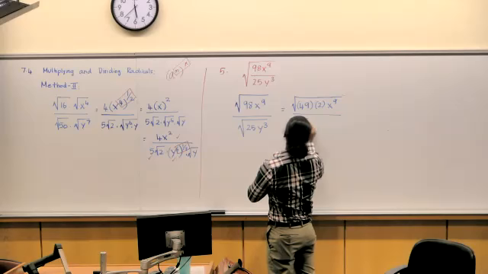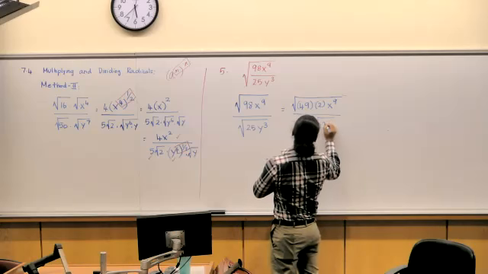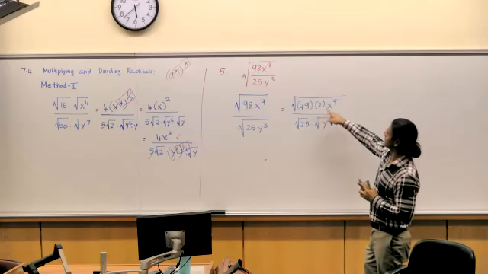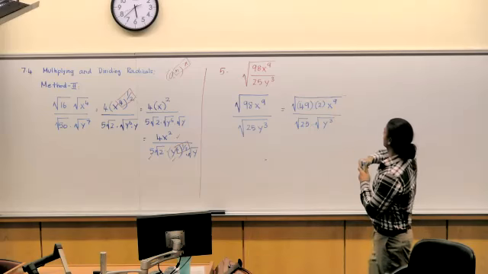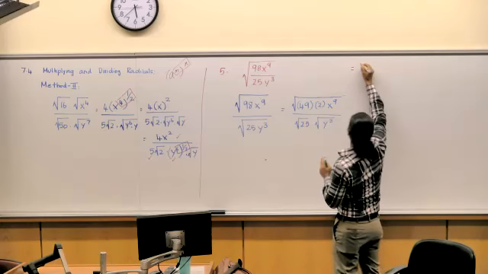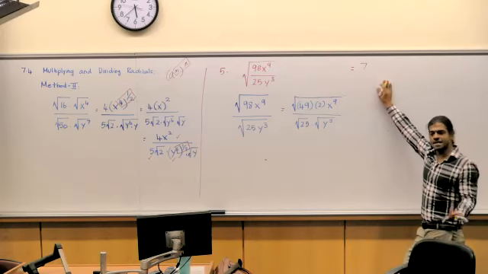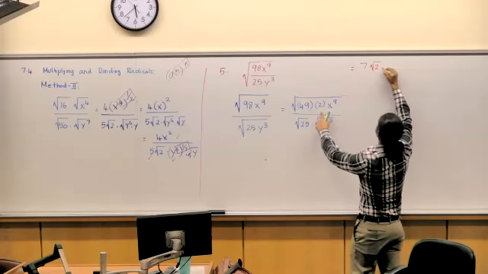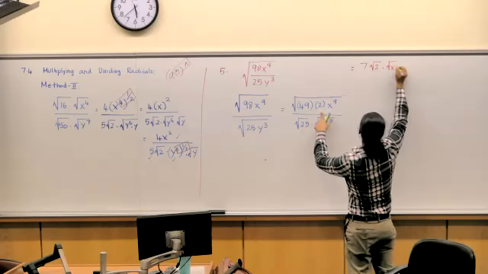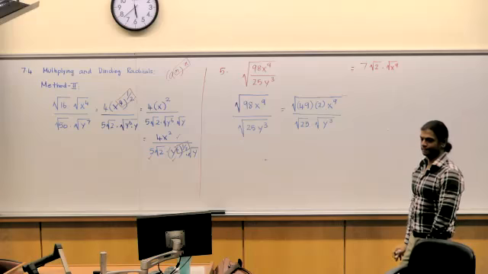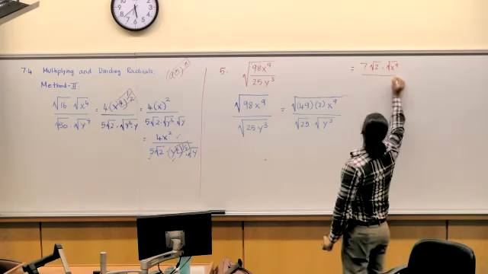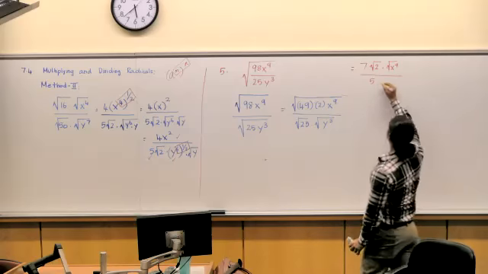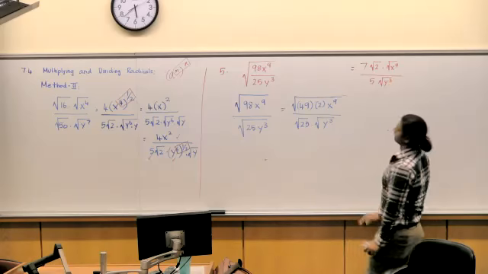Denominator square root of 25 times y cubed. Correct. I can apply the root to each of those terms. So square root of 49 is 7. There is nothing I could do about square root of 2, so I'm just going to leave it as is. Square root of x raised 9. Denominator, square root of 25 is 5, and square root of y cubed.